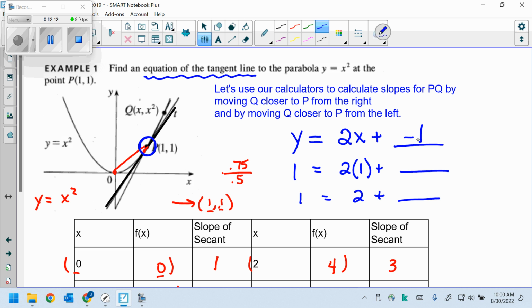And as you look at this tangent line, doesn't it look as if it's going to go through -1? So by finding secants of points very, very close to that point of tangency, we can come up with the equation of the tangent line, which is an important skill.